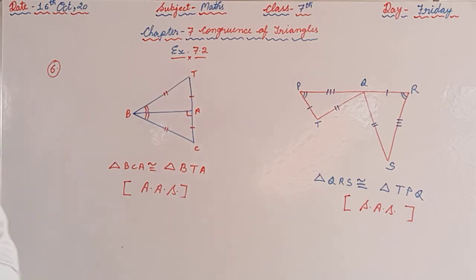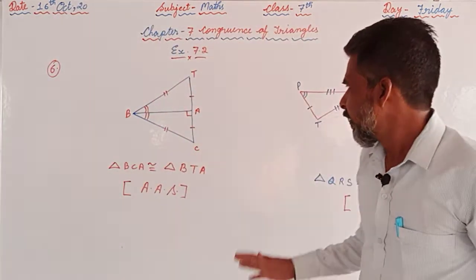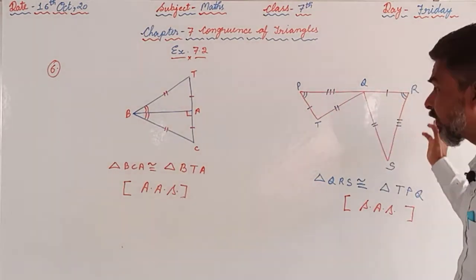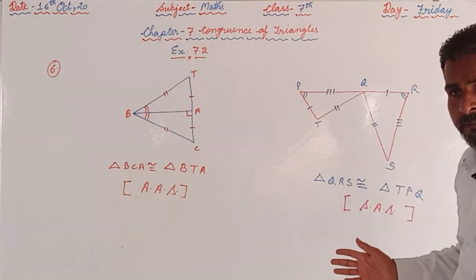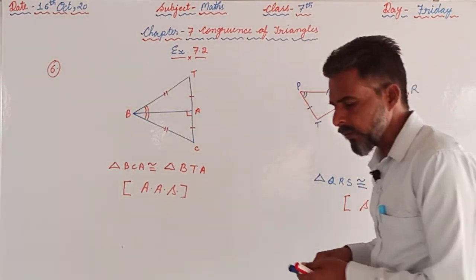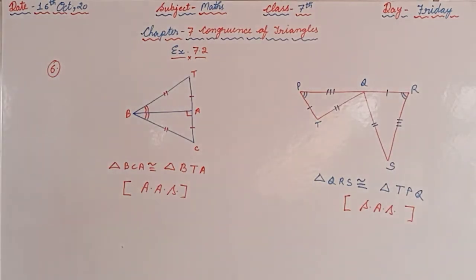So like this you can proceed with the questions. You can compare the corresponding equal parts of two triangles, and we cannot change the sequence. So after this we can proceed to the next question, that is question number 7.